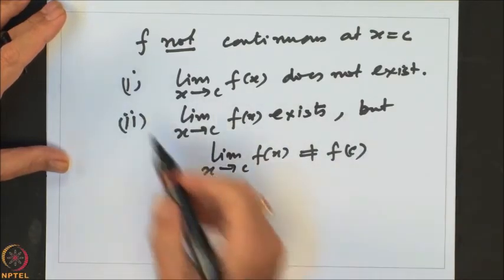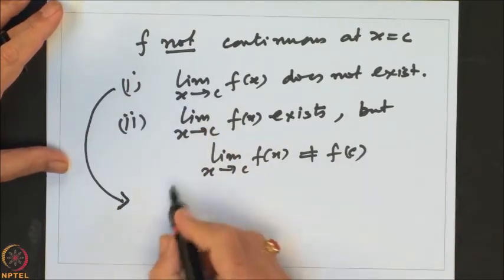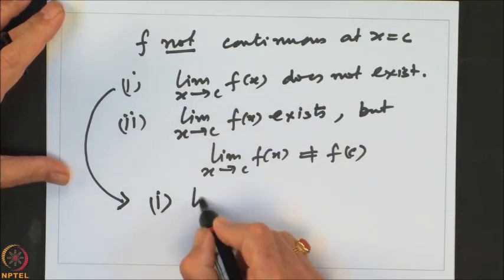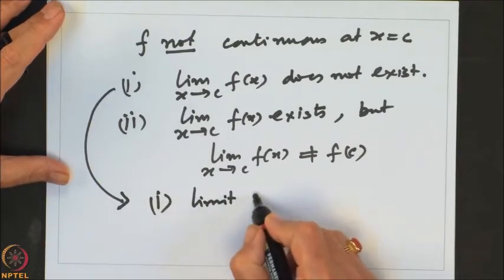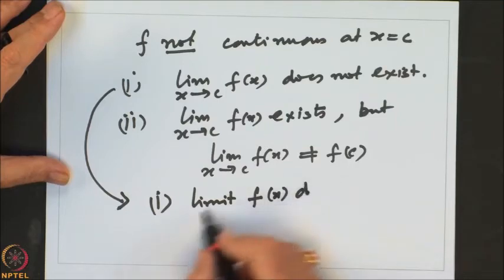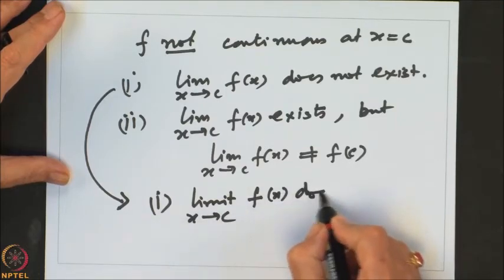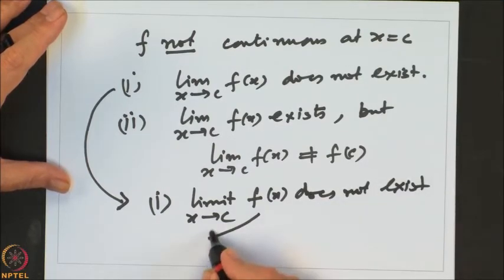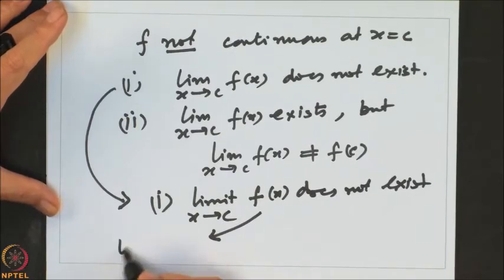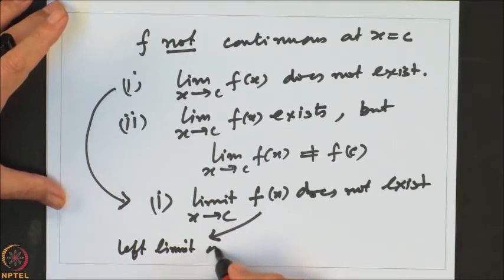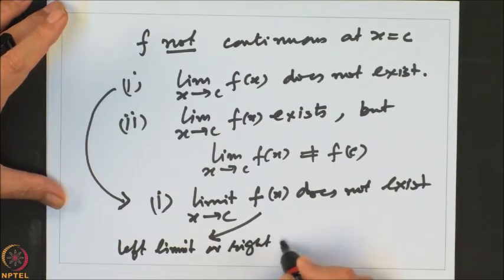Now, we will expand this a bit more. There are two possibilities for when the limit of f(x) as x goes to c does not exist. One, that the left limit or the right limit does not exist.